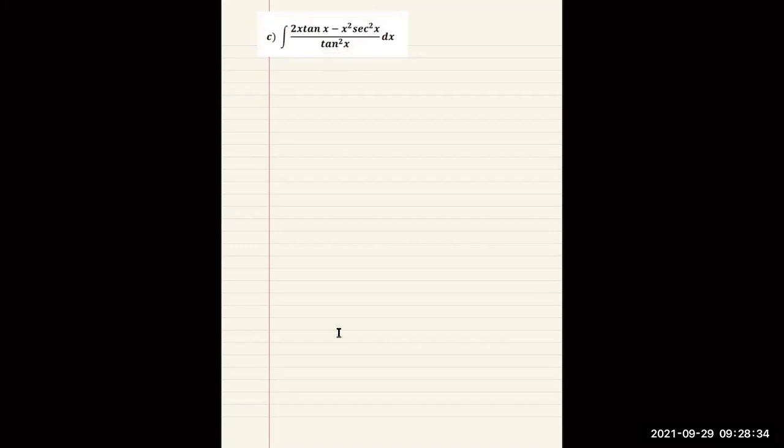First of all, to find the indefinite integral of this function, you need to find a function uppercase F such that the derivative of F is this function, 2x tan x minus x squared secant squared x divided by tan squared x.